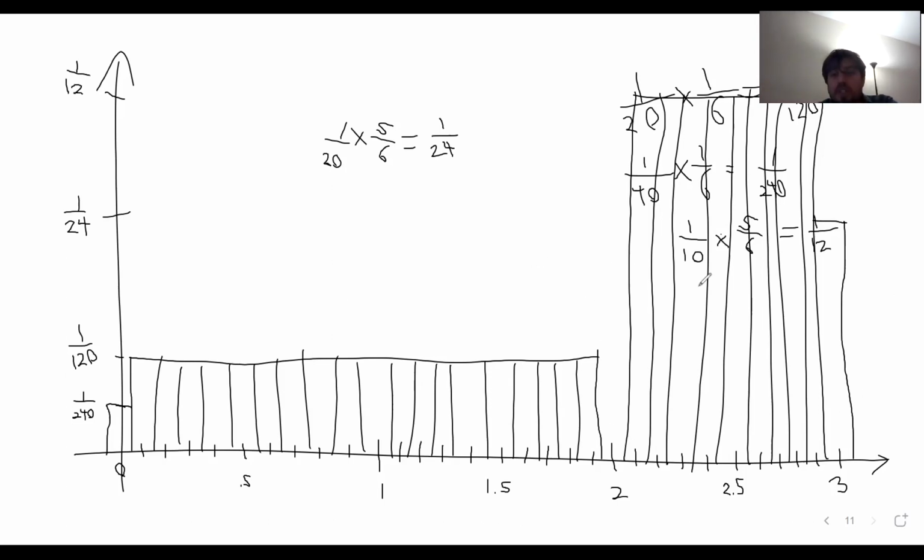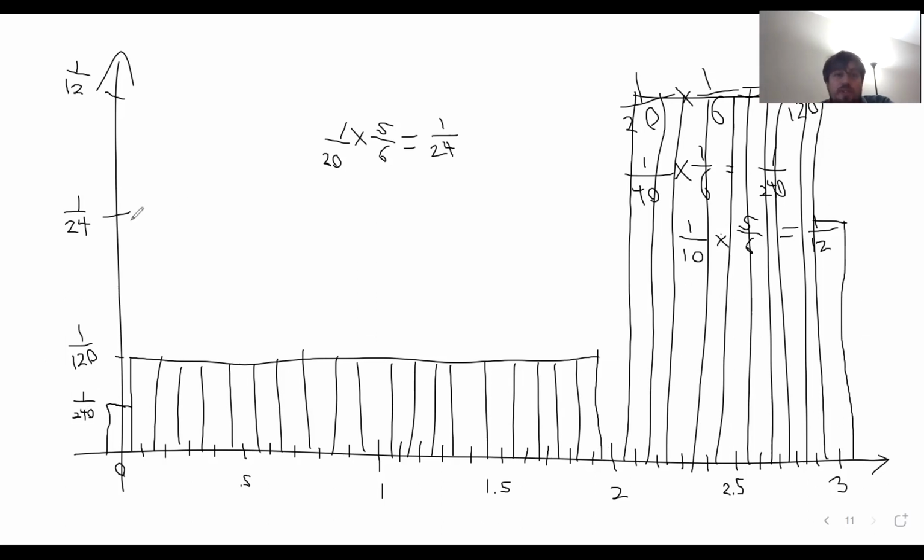First, there's a 1 over 24 chance that you round down to 2, just like you would round up to 3. There's also a 1 over 240 chance you would round down to 0, and a 1 over 240 chance you round up to 2.